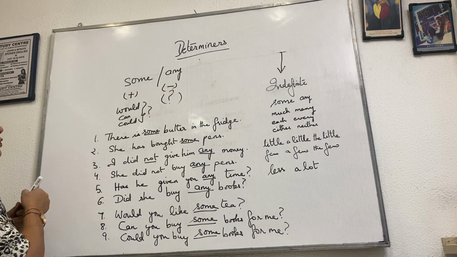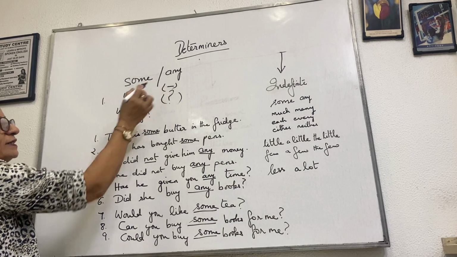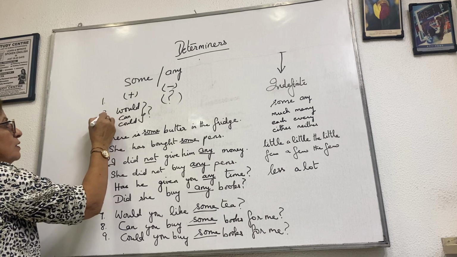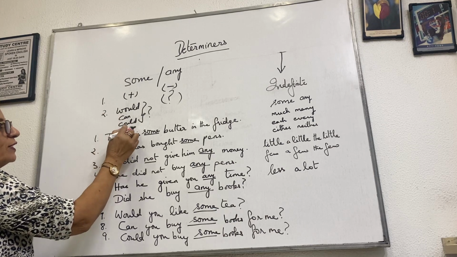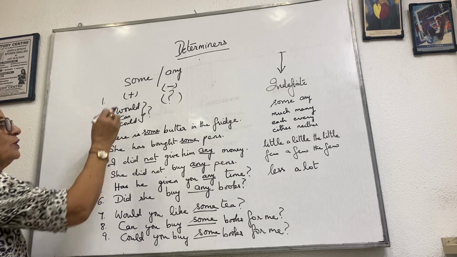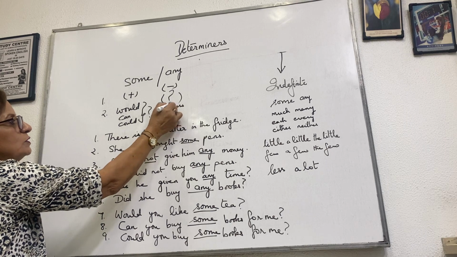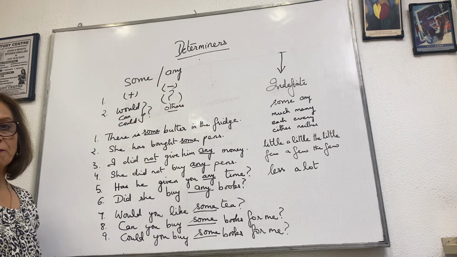Please write down the rule. Rule number 1, positive sentence, some. Negative sentence, any. If the interrogative sentence is asked by would, can or could, then we use some. But otherwise we use any. Okay?